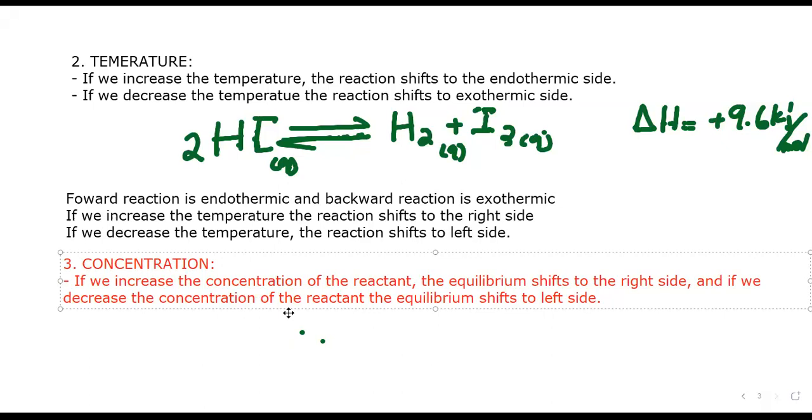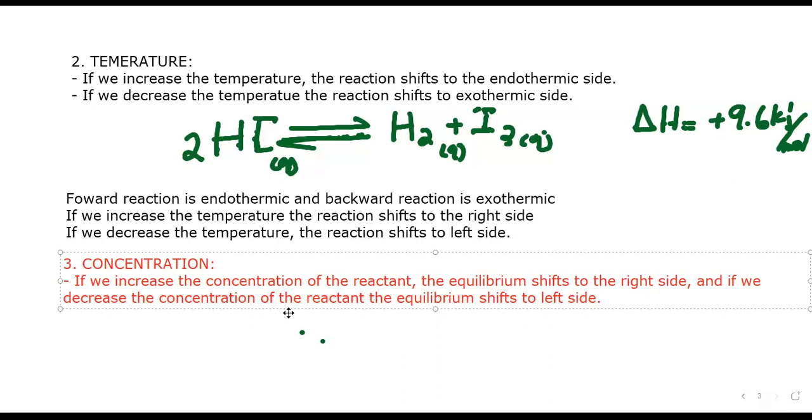The reaction will shift to the right side, meaning that the reaction will go forward and your reactant will start to convert into product. As the reactant converts into product, the concentration of reactant will decrease and it will come back to equilibrium.